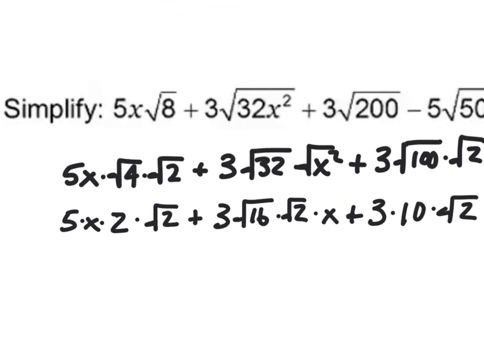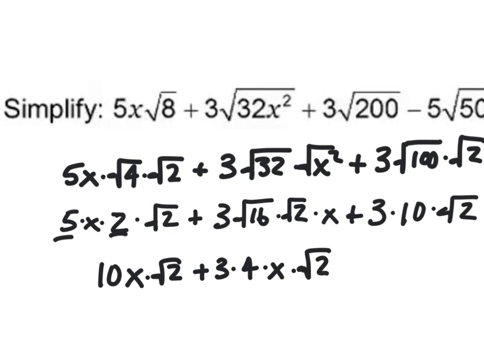The next thing I'm going to do is take 5 times 2, which gives me 10x times the square root of 2. Then plus 3 times the square root of 16. The square root of 16 is 4, so I'm going to do 3 times 4, and then I'm going to use the commutative property to reorder these, so times x times the square root of 2.